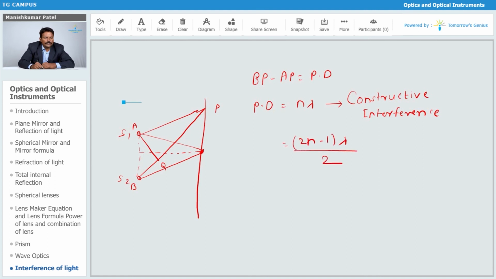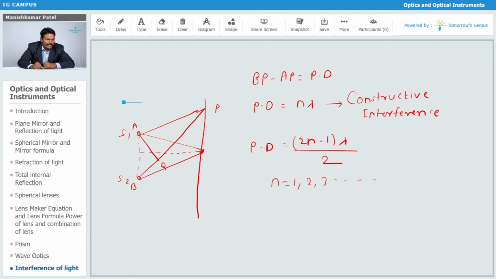So for destructive interference, if the path difference is a multiple of (2n minus 1) lambda by 2, where n is equal to 1, 2, 3 and so on, then in that case it is the destructive interference.